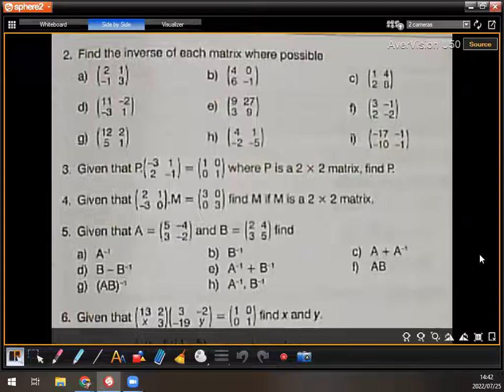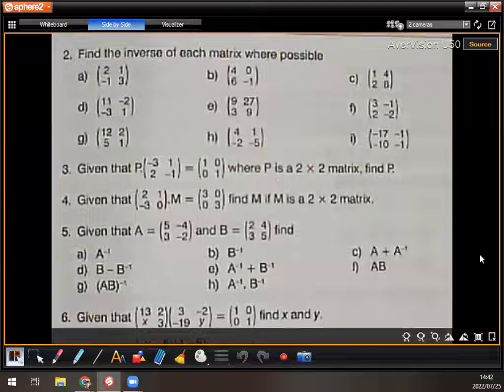Guys, just one thing quickly. Find the inverse of each matrix where possible. There is one situation where you have a 2x2 matrix, but you actually can't find the inverse. You can go through all the motions, you can find the determinant, you can swap the elements, you can change the signs.